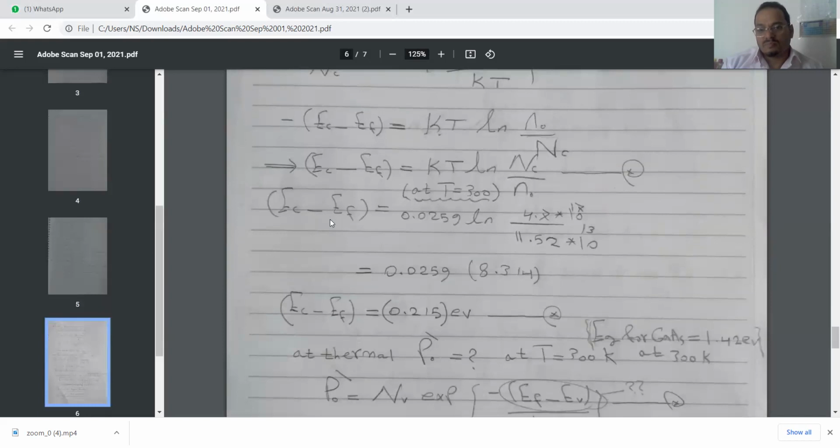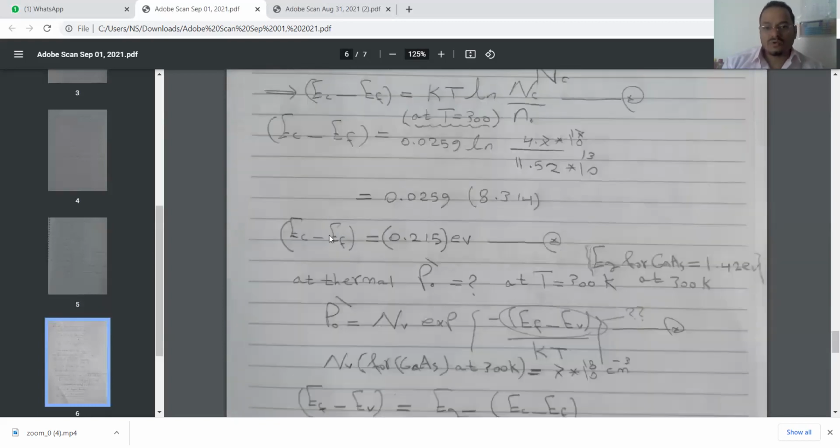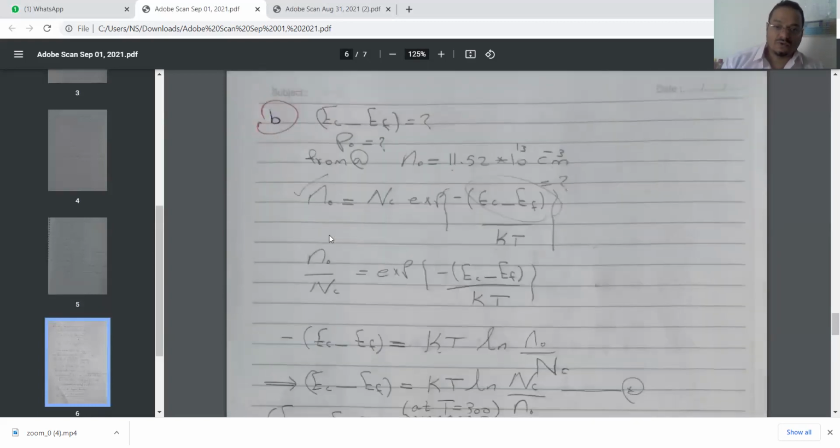When we know the result for N naught, the concentration of electrons, and NC, the effective density at room temperature, which we calculated before, we can calculate the difference between the conduction band and the valence band.